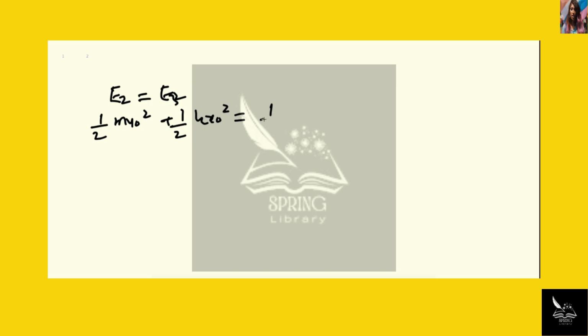And at E3, we have the maximum stretch, which is equal to half k x max squared. Again, half and half cancel from both sides, and we need to find an equation for x max squared. So we can divide this whole equation by m. But first of all, I need to simplify the equation. m v naught squared plus k x naught squared is equal to k x max squared.